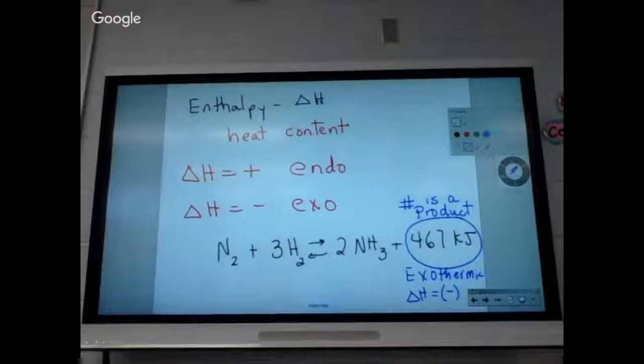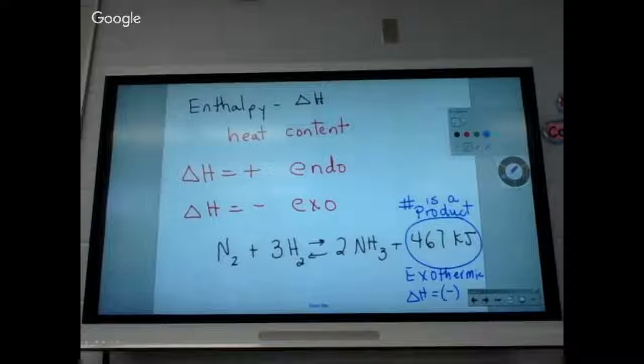Which we did way back a week ago when we talked about phase changes. Only we wrote plus heat, and if heat was on the product side, we said it was exothermic.